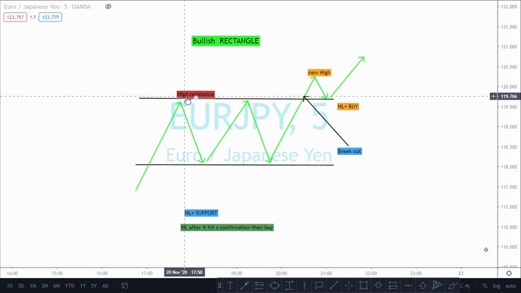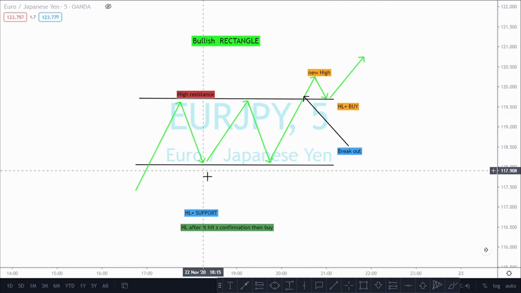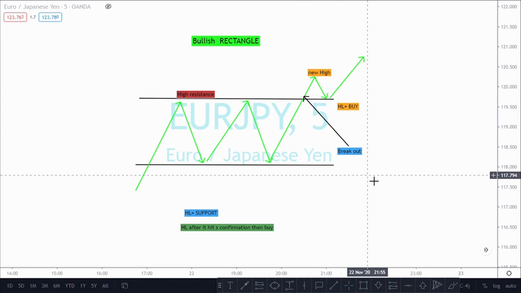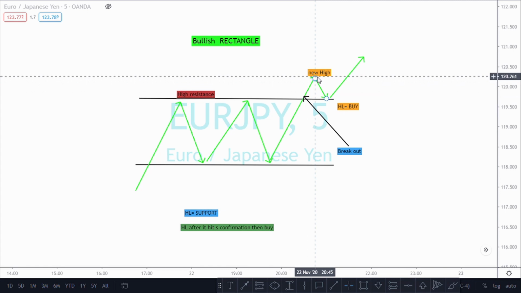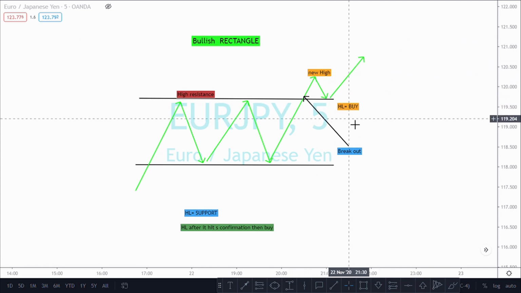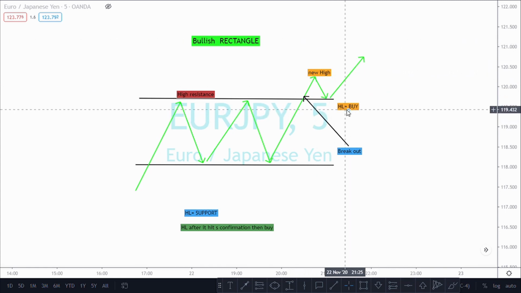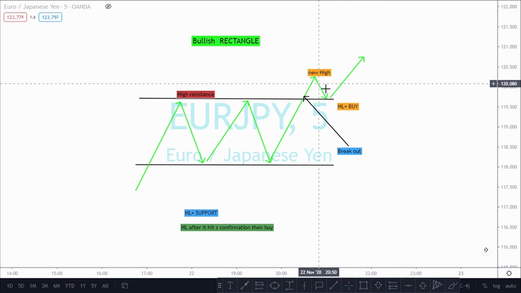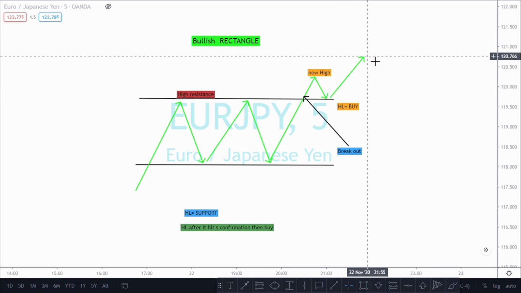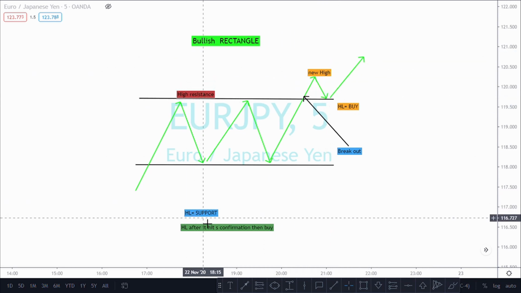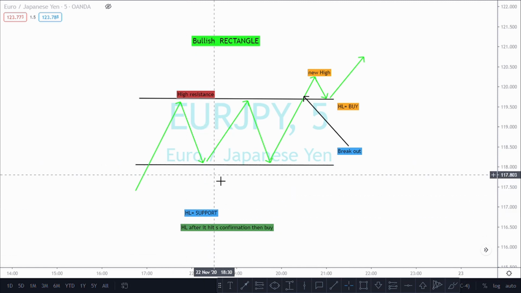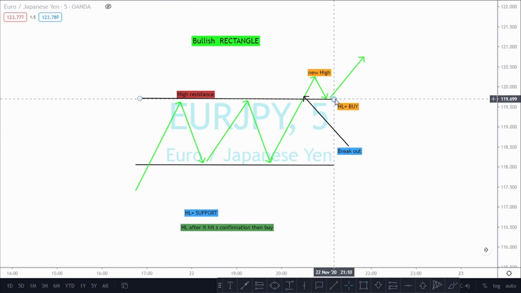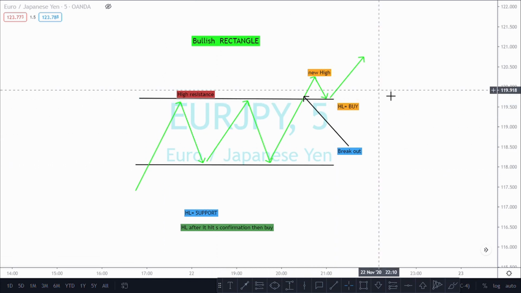So this means high resistance becomes high support, because it broke out through the high resistance, you see me? And it just continues. Normally we buy at the higher low point, which is right here. So you have the higher low equal to support, which is the new support, and we just buy right there.